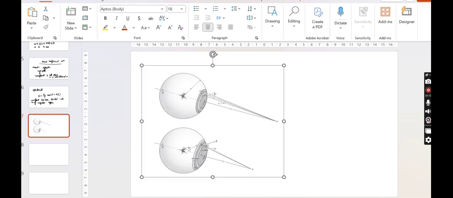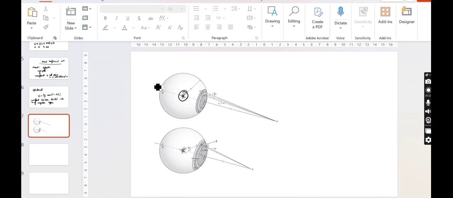Here you can see the point source is S. This is from Hecht, edition 5 of the optics book; there is a free PDF available.